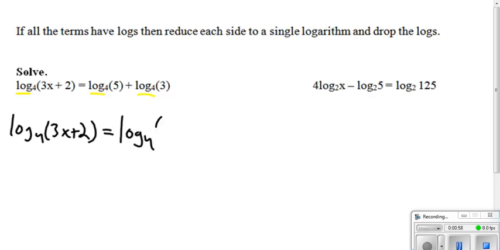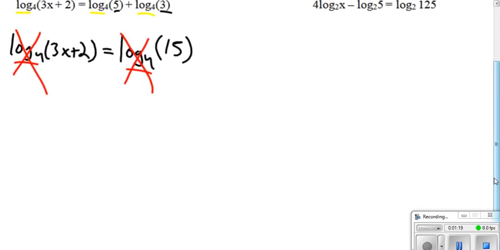Log base 4 of 5 times 3 is going to be 15. Now, remember that if we have log base 4 of something equals log base 4 of something, we can essentially get rid of the log base 4s, in which case we just have 3x plus 2 equals 15. So bring that down, give us a little more room to work with.